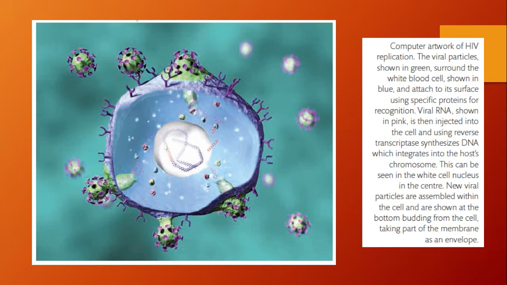Once it is in the center here, it will then be released as new viral particles, which can then go off and find other white blood cells, and this process just repeats itself.